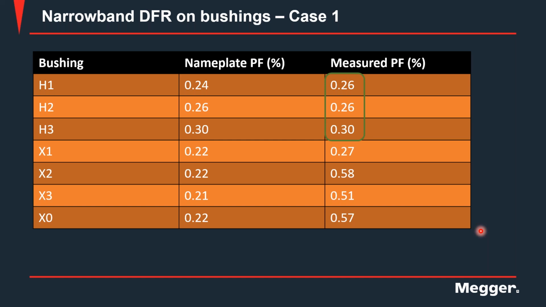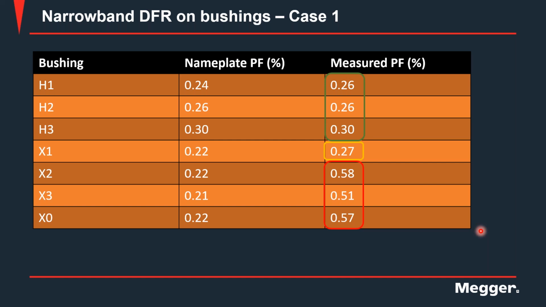I believe these bushings were around 20 years old. Here you cannot see any change in the power factor on the high voltage bushings, but on the X1 bushing, you can see that the power factor is starting to increase. It's not alarming, just a little bit of an increase. But in the X2, X3, X0 bushings, you can see that there's clearly a huge increase in the power factor.